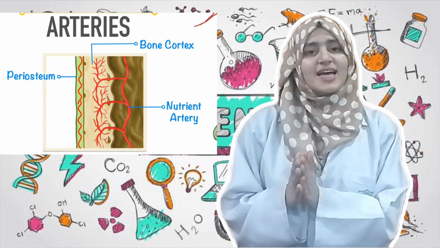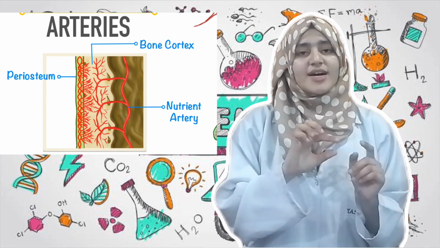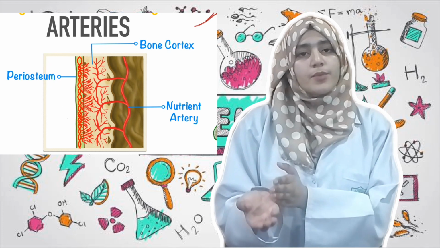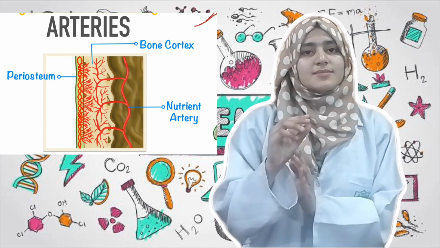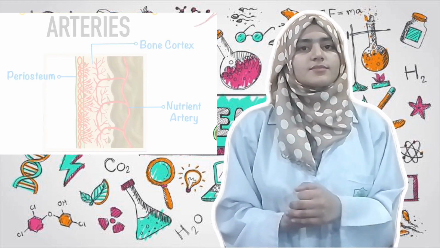Volkmann's canal provides a connection between the periosteum and the bony tissues or Haversian systems. The Haversian system is the unit of bony tissue, you can say.